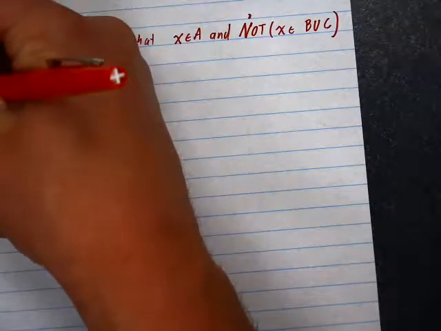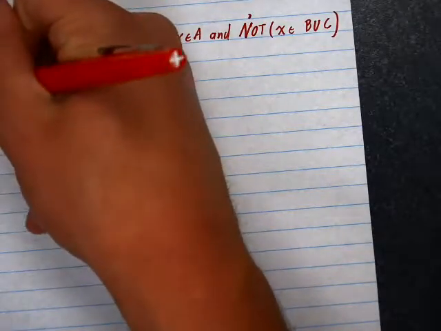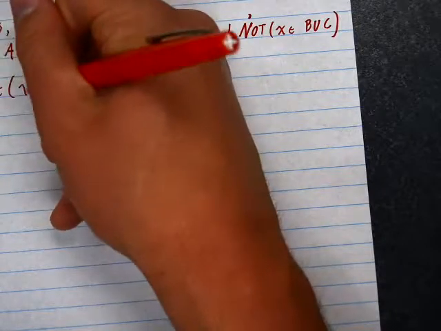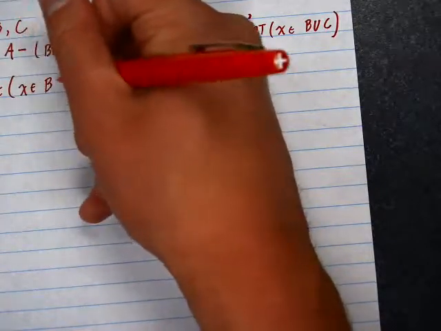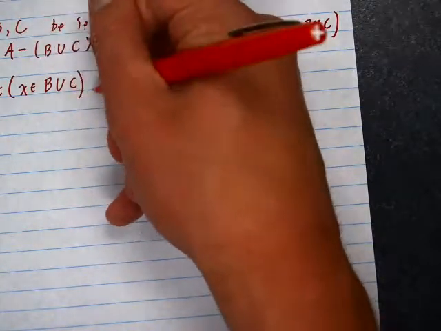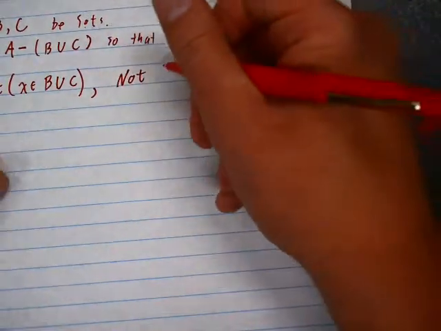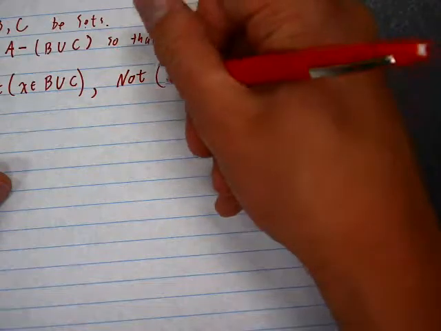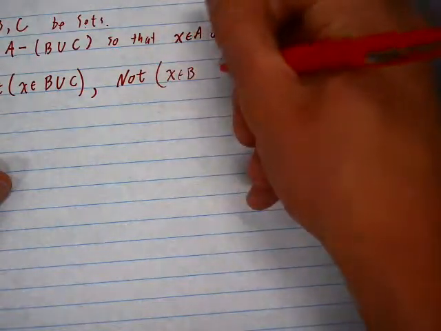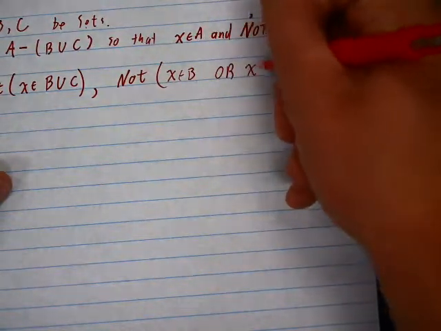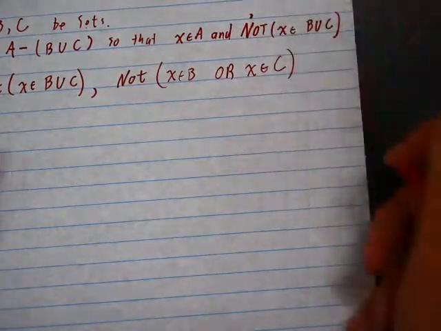So since the negation of x is in B union C, it follows that, well, let's keep the negation in there for a little bit longer. It follows that not x is in B, or x is in C. So now think about this.